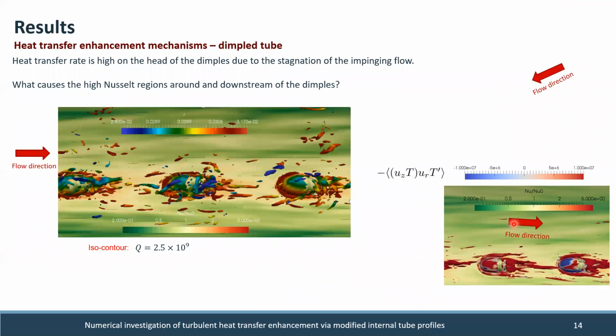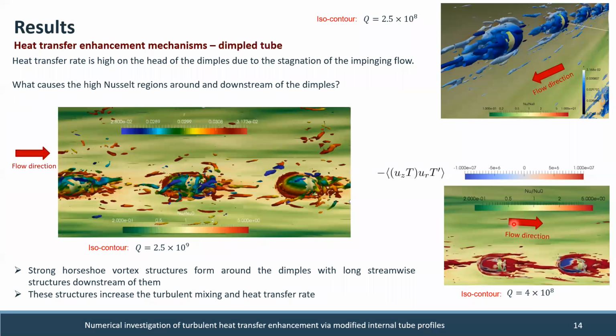We have the same question here for the dimple tube. We know that at the crest of the dimples, the heat transfer should be high because of the stagnation of the impinging flow. But why do we have a high heat transfer around the dimples and downstream of them?